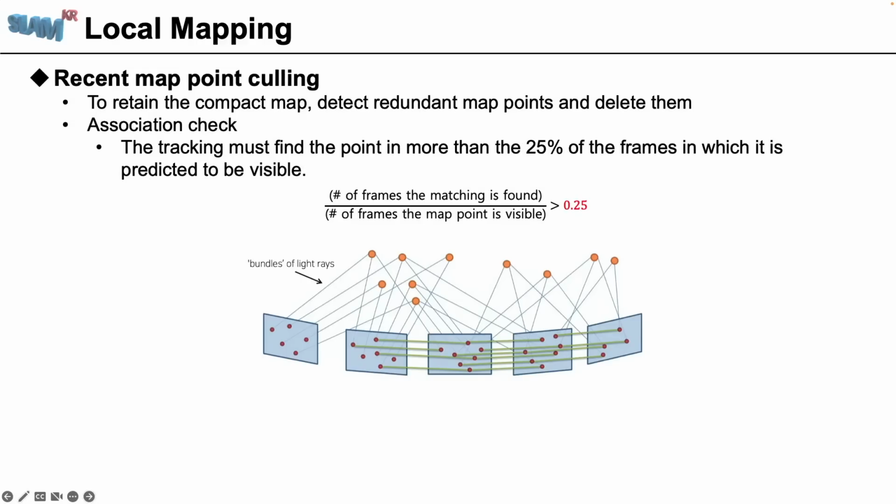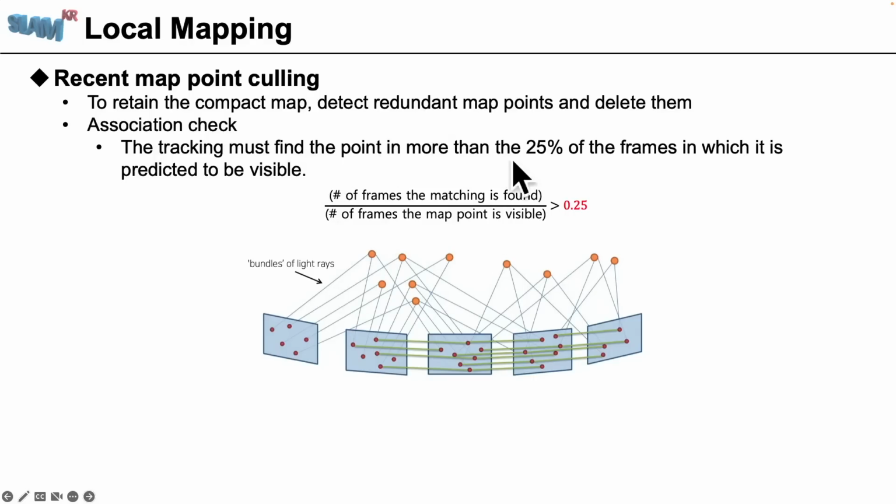And the map points also need to be managed to retain a compact map representation. So we need to detect redundant map points and delete them. It is called the association check. That means the tracking must find the point in more than 25% of the frames in which it is predicted to be visible.